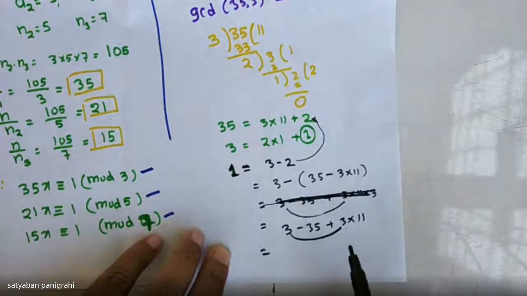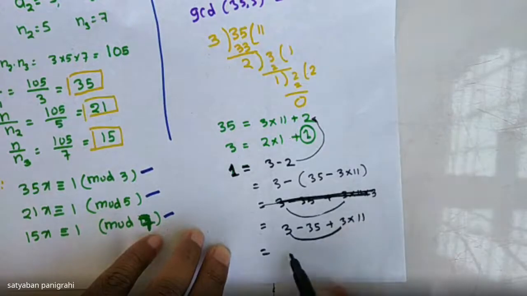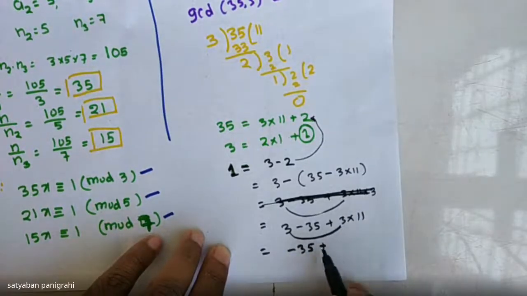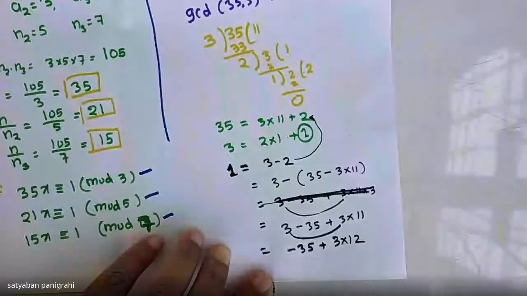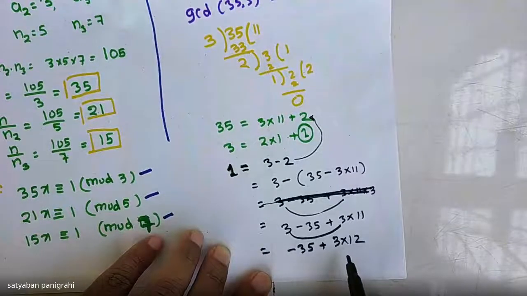This gives minus 35 plus 3 into 12. That means minus 35 plus 36 equals 1.